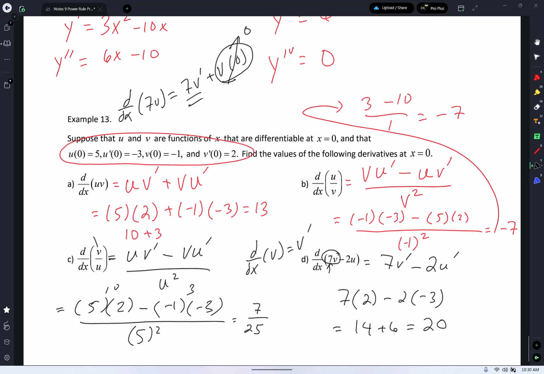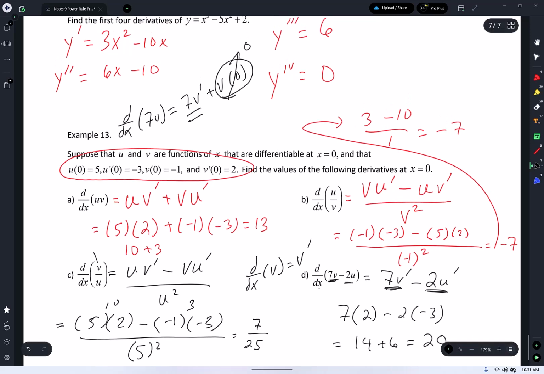You just go 7V prime minus 2U prime. I don't get it. What do you mean? I don't know what I don't get. Well, it tells me to take a derivative. So the derivative of 7V is 7V prime. And the derivative of 2U is 2U prime. The derivative of V with respect to x is V prime.